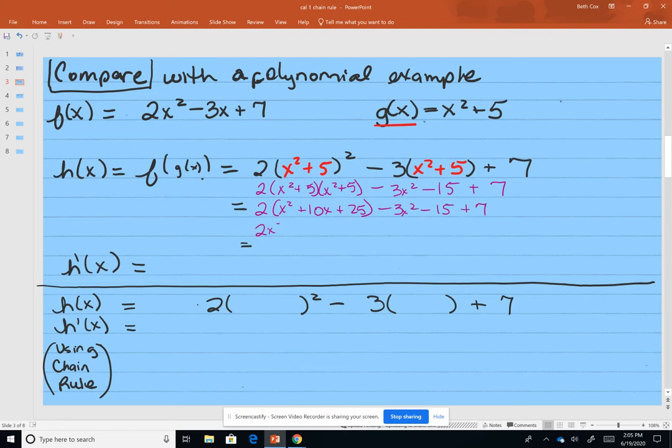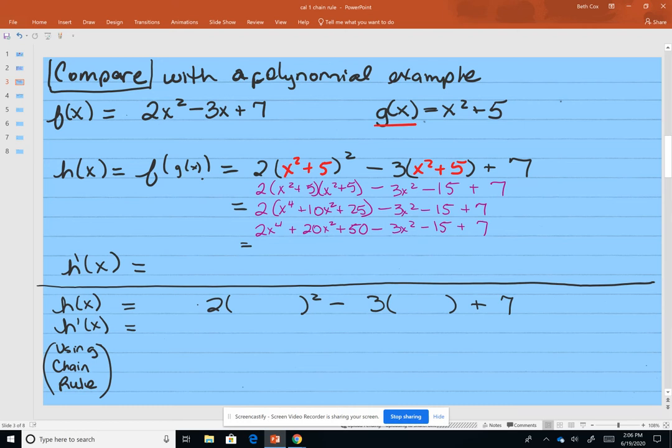Multiply that out. Minus 15 plus 7. Now I'll combine my like terms. That's not right. That's an x to the 4th. Hold on. And that's x squared. Let's make sure I did it right. That's what happens when you go too fast.